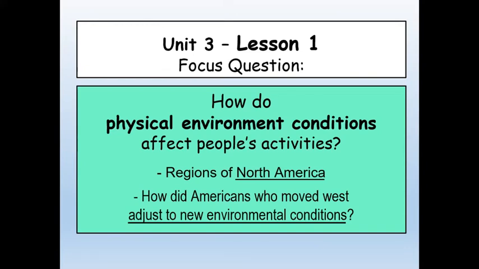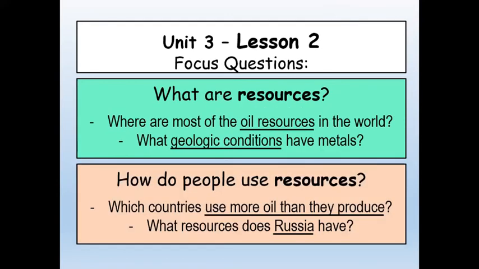They'll show you some ways to talk about how Americans, especially in the late 1800s, had to really adjust to new environmental conditions. They couldn't do what they used to do. And so we will get you to that pretty soon.